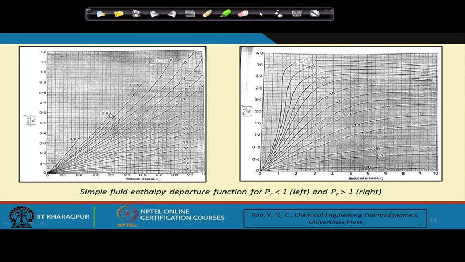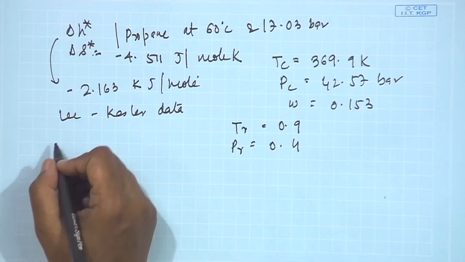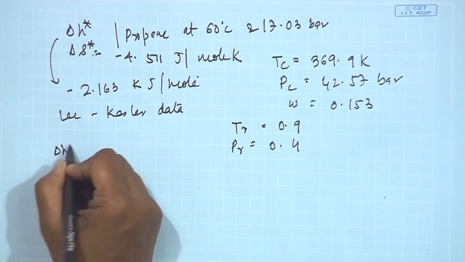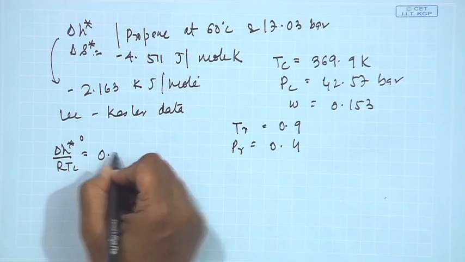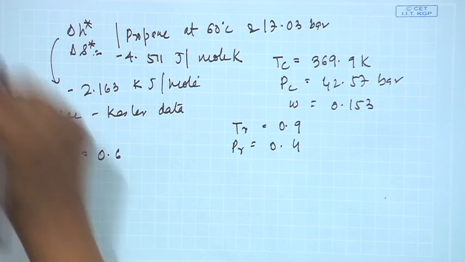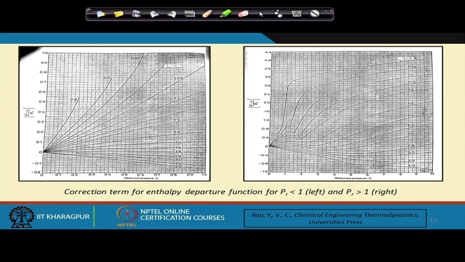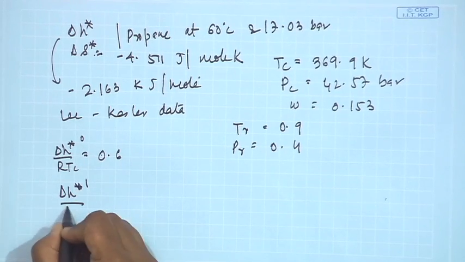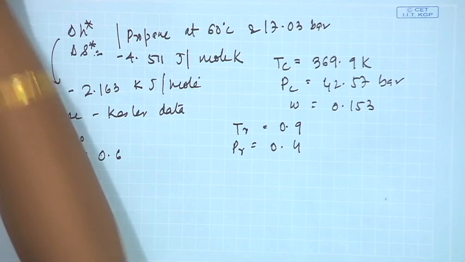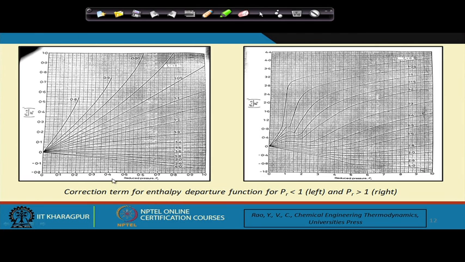It's more accurately 0.596, you can take it as 0.6. So delta H star 0 by RTC in this case is 0.6. Again if you go to the next curve, delta H star 1 by RTC, if you read it here for 0.4 and 0.9, it is about 0.75, right?